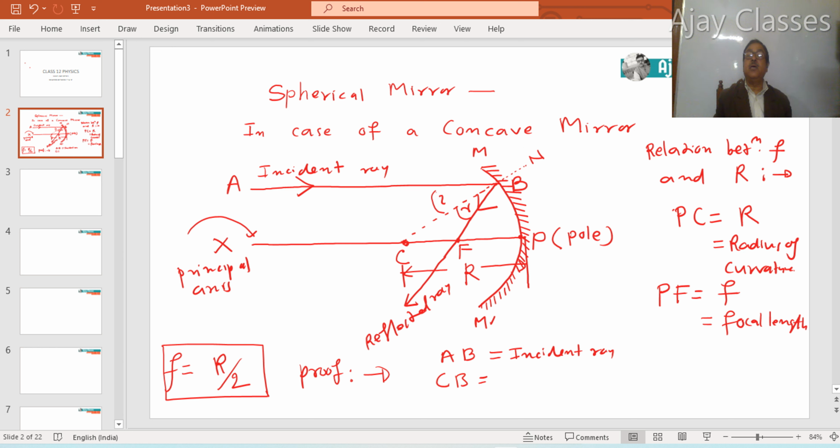C to B is the normal. Angle ABC is the angle of incidence I. This I is equal to angle CBF, R, according to the law of reflection.